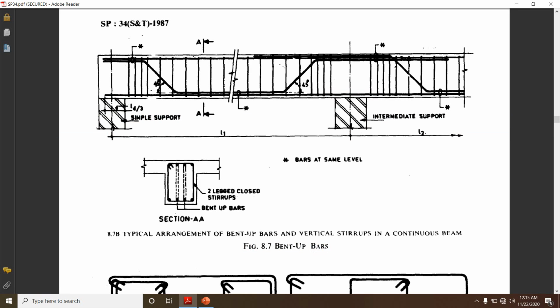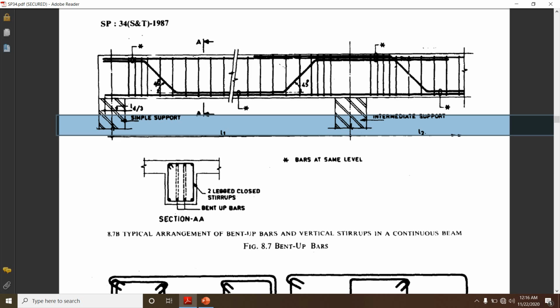At the bottom we have the main reinforcement, out of which a few bars will be taken to the top, bent up near the supports, either end supports or intermediate supports. This is usually provided at 45 degrees or 60 degrees.